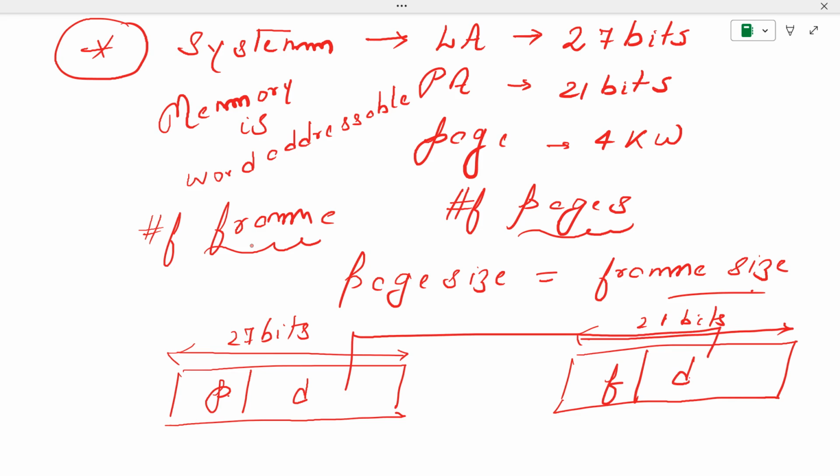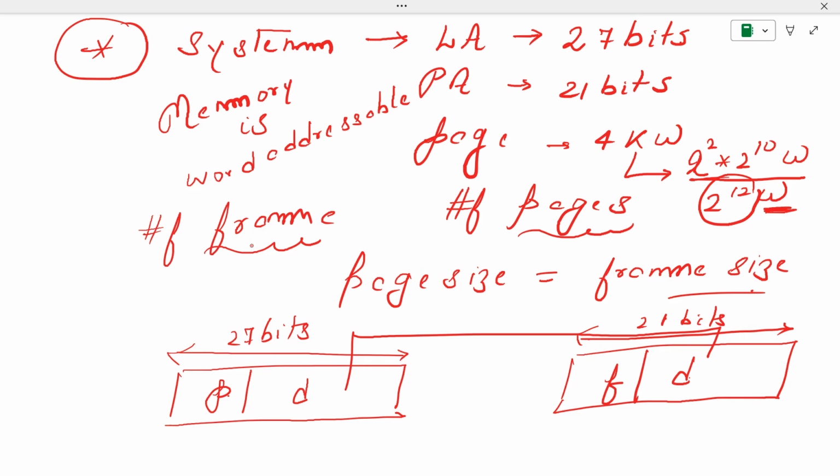Now page size we have been given as 4 kilo word, that is 2 raised to the power 2 into 2 raised to the power 10 word. So the page is 2 raised to the power 12 words, where this represents the number of rows and each word represents the row content.